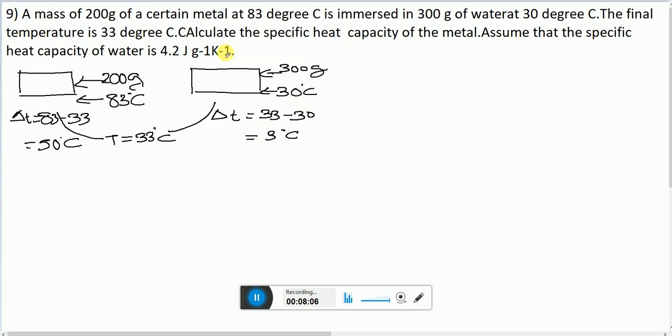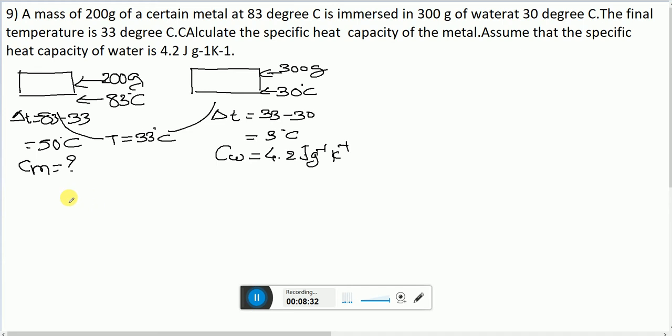Now the next part is to calculate the specific heat capacity of the metal. That means we have to find out the specific heat of this part, where we are assuming that the specific heat capacity of water is equal to 4.2 joules per gram per Kelvin.